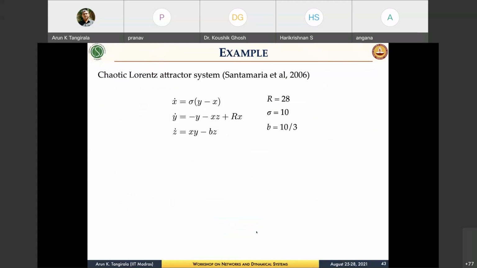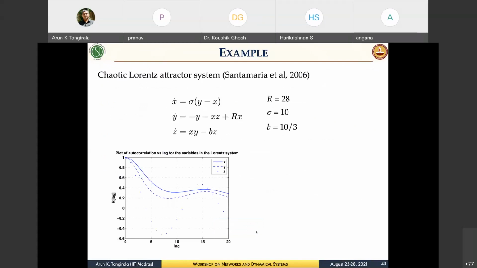So just to show you an illustration on the Lorenz attractor, the very famous one. Even Sayan talked about it yesterday. Here are the equations describing the Lorenz attractor with these parameters. And I'm just showing you how the autocorrentropy is much better suited at analyzing nonlinear dynamical systems than the autocorrelation. Look at the autocorrelation plot that we have for each of these variables.